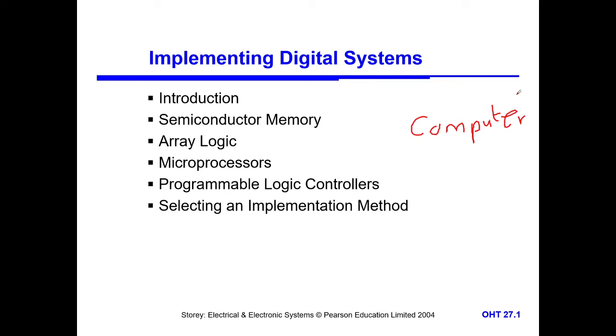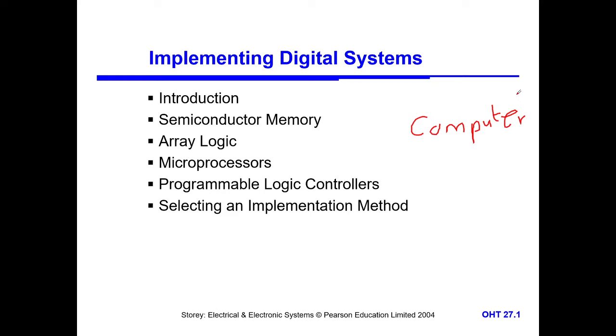The computer can't read that data directly, so it requires an analog to digital converter. The digital data will be processed by the processor or the microprocessor, and primary results will be stored in the memory.